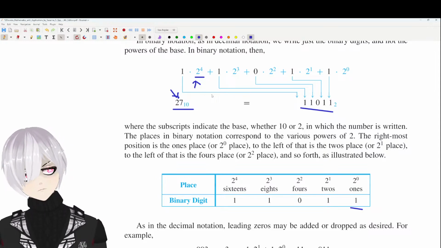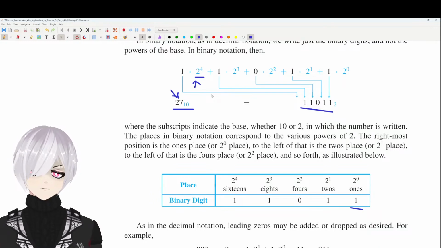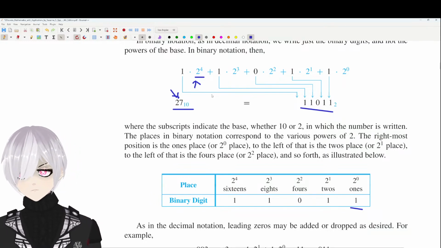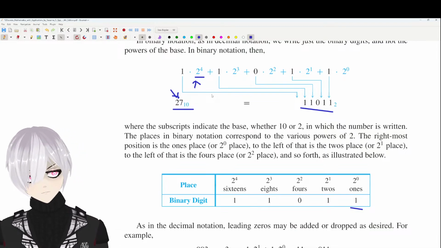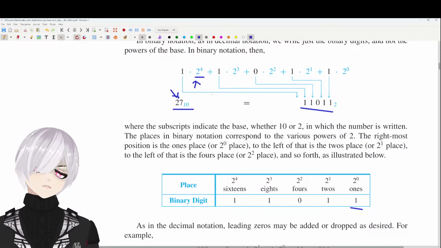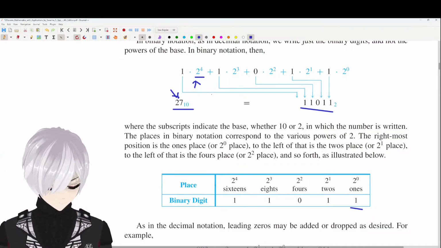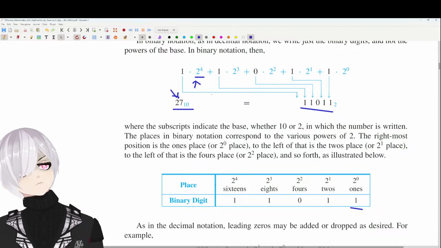It's a similar idea to when, in decimal notation, you would say 27 equals 2 times 10 to the first plus 7 times 10 to the 0. So here they're saying 11011 in binary notation equals each digit times the corresponding power of 2. So they're writing an expansion of it using decimal notation and powers of 2.